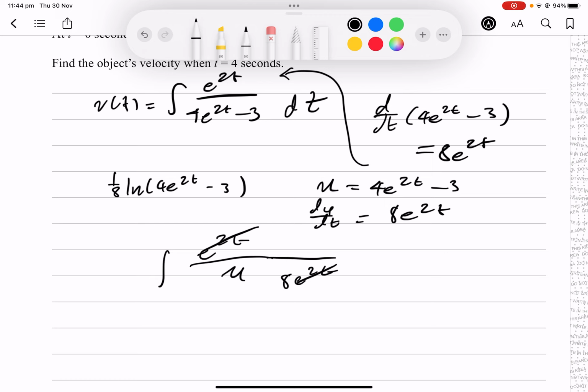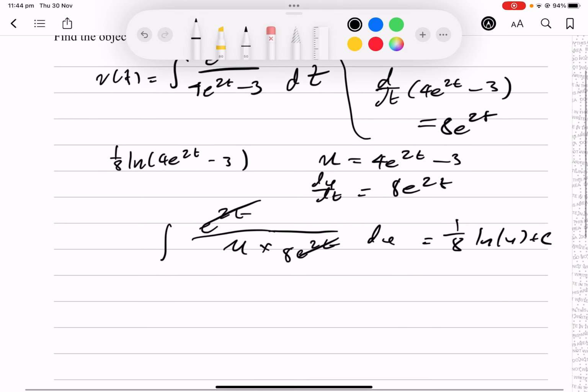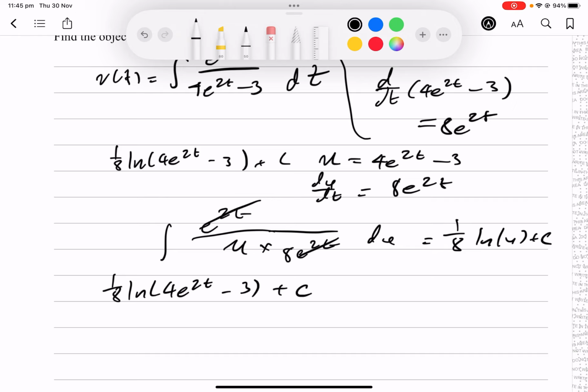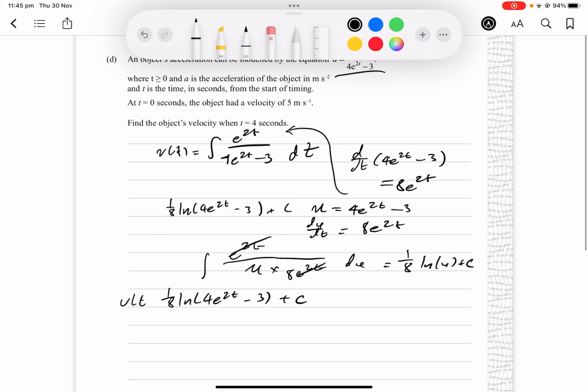So then you'll see again it's very much the same. We have 1 on 8 ln of u plus c. So this is just the same as 1 on 8 ln of 4e to the power of 2t minus 3 plus c. Okay, so that's our v of t.